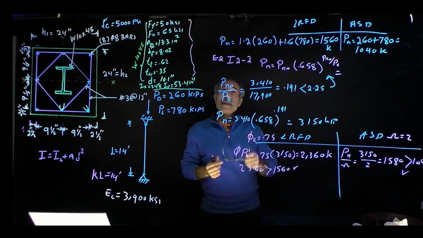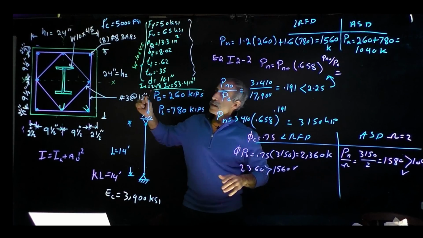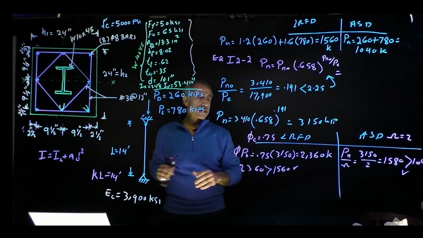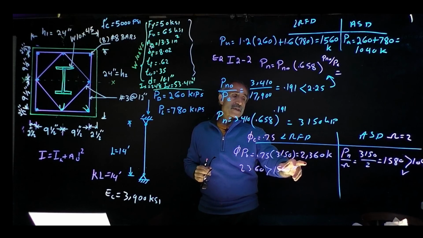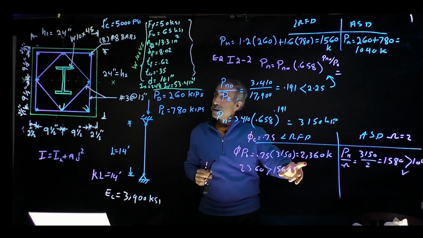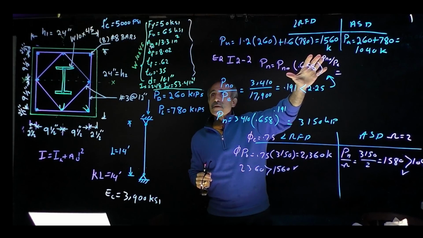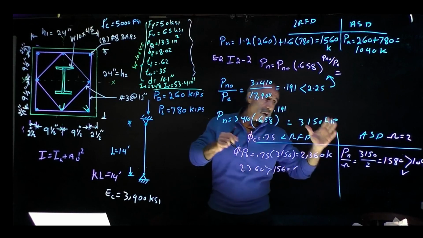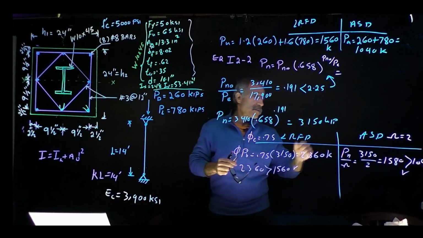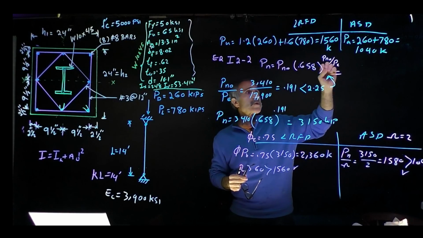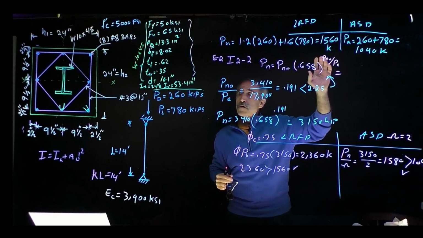Now remember, the capacity of this composite column in load resistance factor design came out to be 2,360 kip, and our applied load was 1,560 kip, so we're good. If you look at allowable stress design, our capacity is 1,580 kips, which is more than the applied load of 1,040 kip.